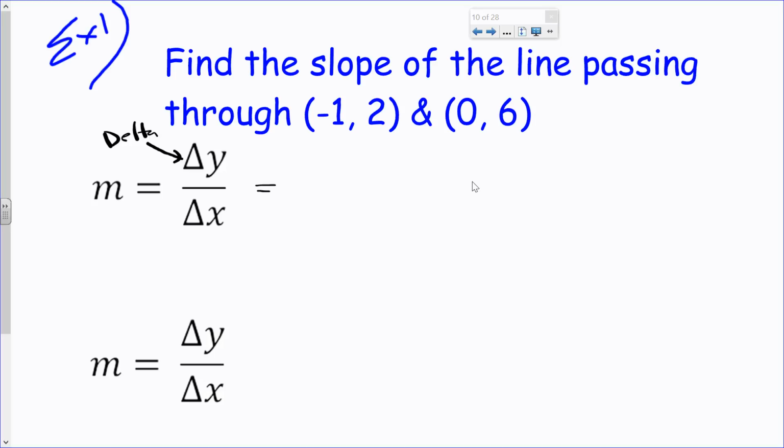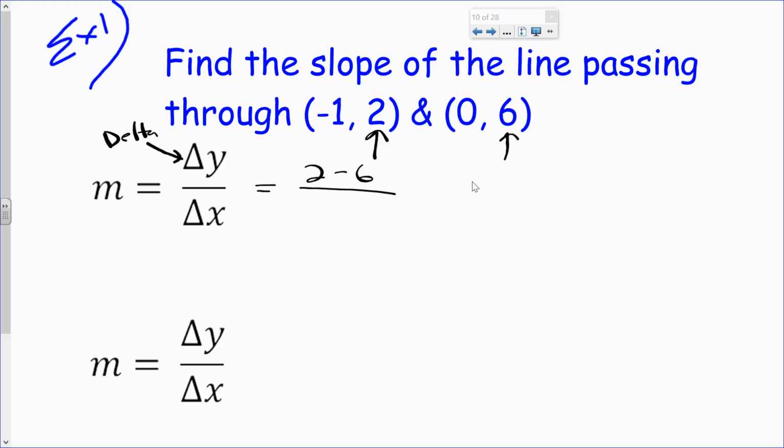Okay, so between these 2 points, what are my y coordinates? 2 and 6, right? You guys with me? Let me subtract 2 and 6. Watch this. 2 minus 6, that'll be the numerator. The delta y over delta x.